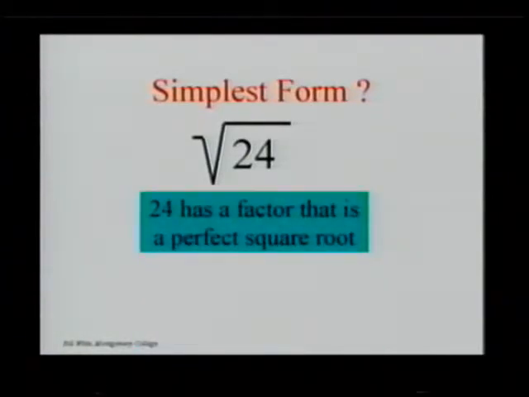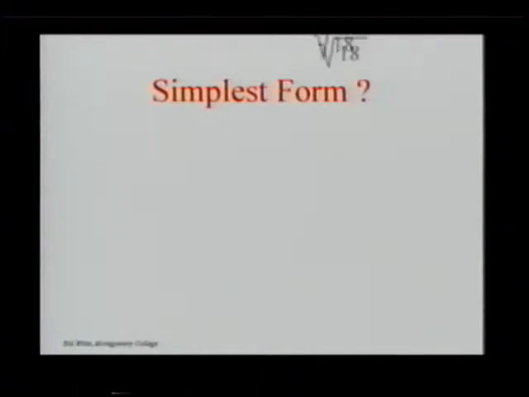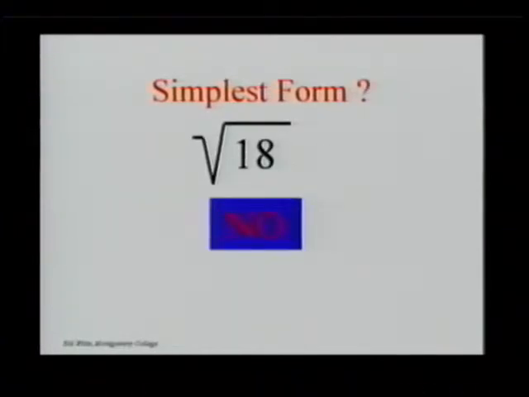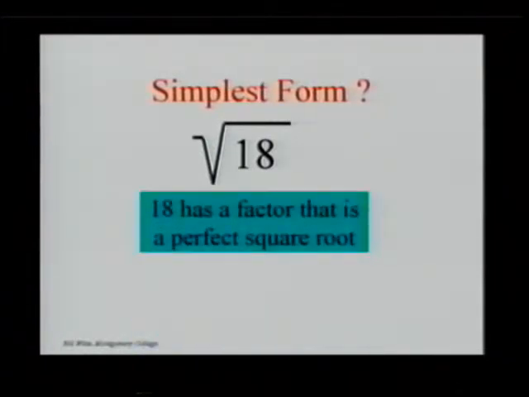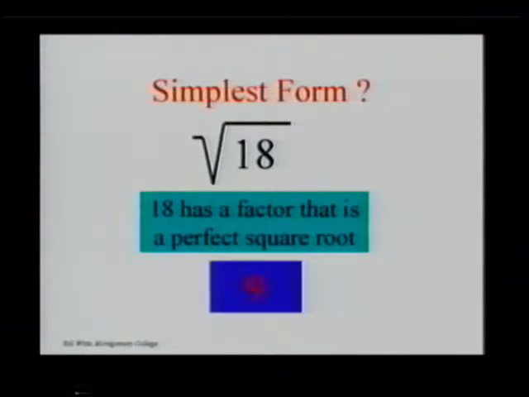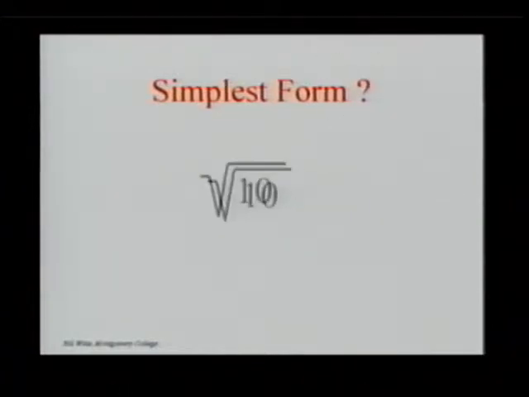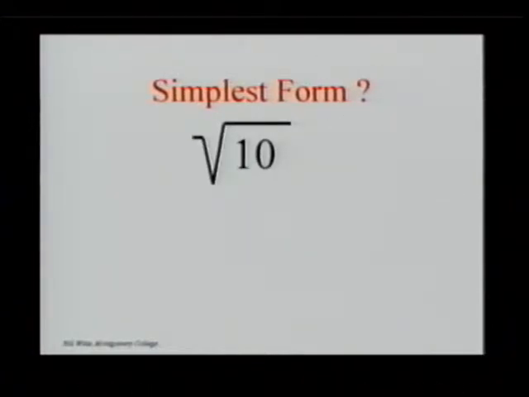What about 18? Are there any perfect squares that go into that? It isn't in simplest form, because what is the troublemaker that could possibly go into 18 that is a perfect square? Can you think about it? 9. So this isn't in simplest form either. We're going to have work to do here. Simplest form?